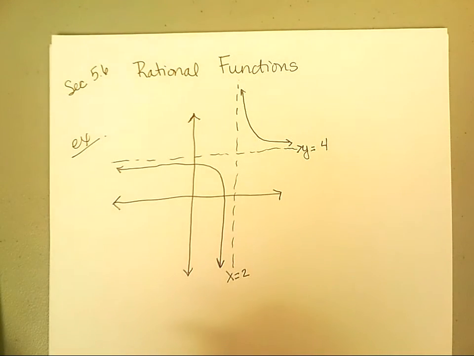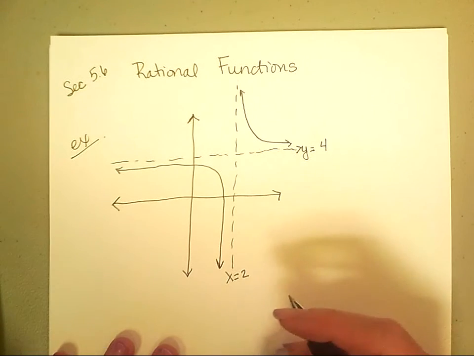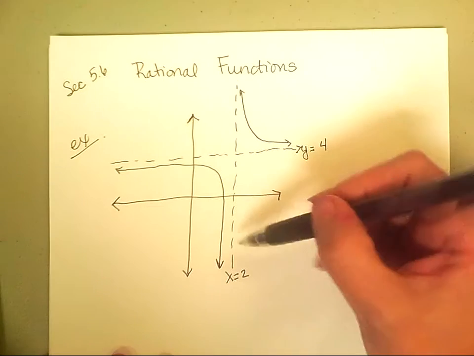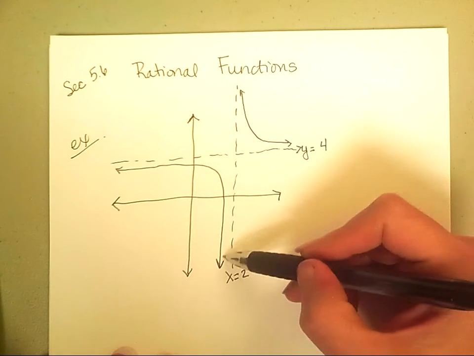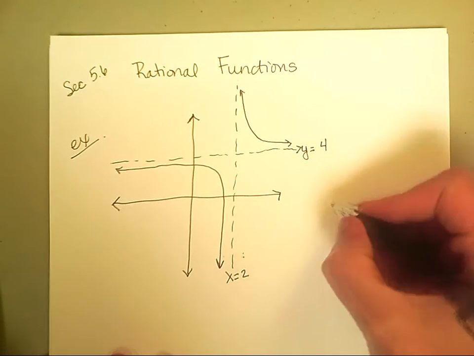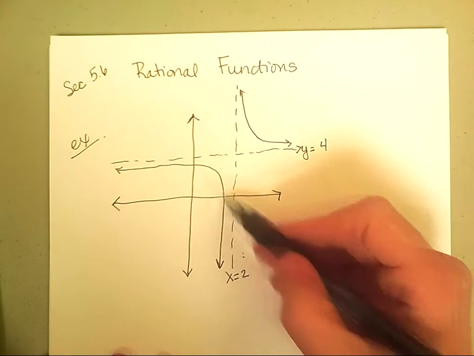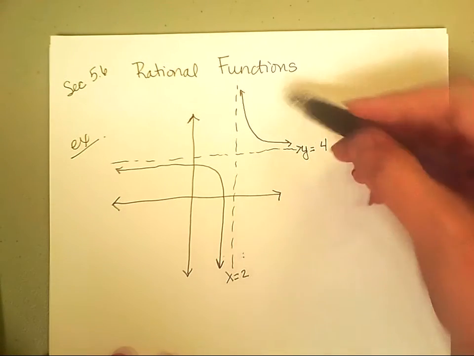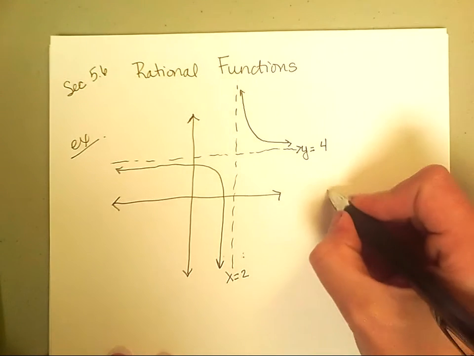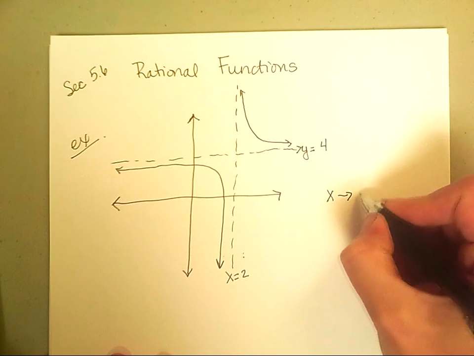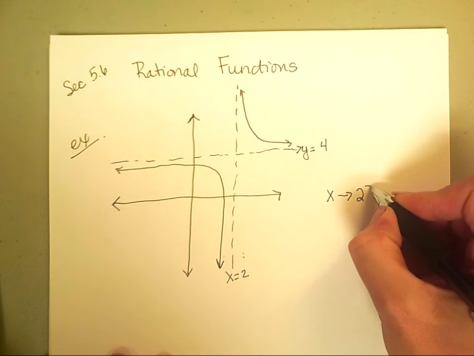Now, if we were to talk about arrow notation, one thing we could talk about then is the behavior of the graph around this asymptote x equals 2. And you can see it acts differently on the left of x equals 2 than it does on the right. So what we could say is x approaches 2 from the left.